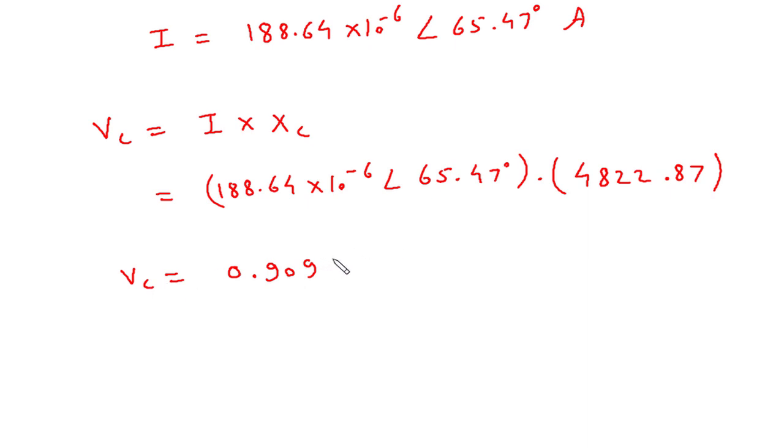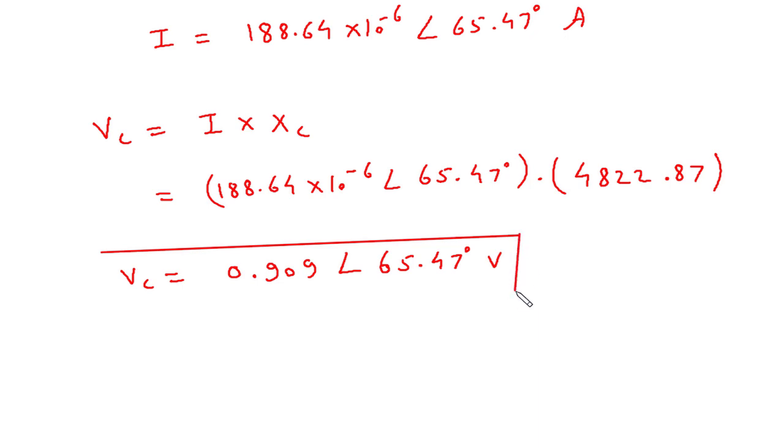This is the value of VC at an angle of 65.47 degree. Now since it is voltage, its unit will be volts. So this is the voltage across capacitor.